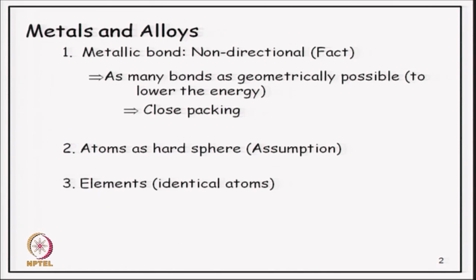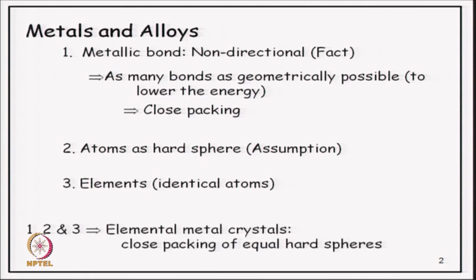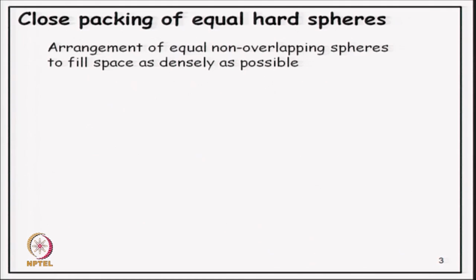The third fact is that pure metals or elements have all identical atoms, so they will be represented by identical hard spheres. If we put these three things together, we conclude that elemental metal crystals can be modeled as close packing of equal hard spheres. That is why we essentially discuss the geometry of packing of equal hard spheres in this video.